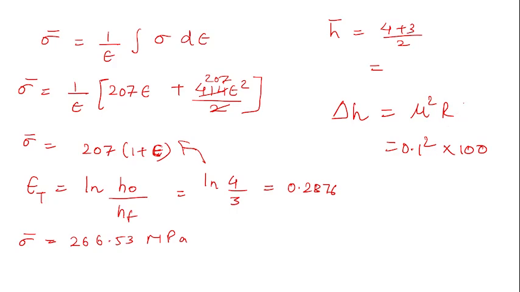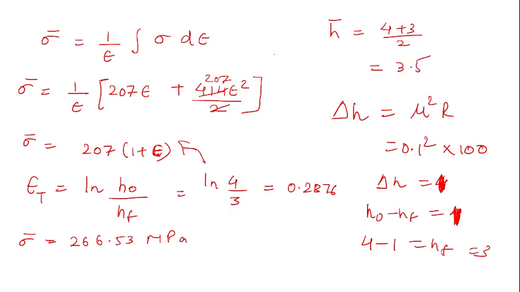See, your diameter is 200, your R will be 100. So delta H is 1. H naught minus HF is 4 minus 1, so your H final is 3. Your average H will be 3.5.